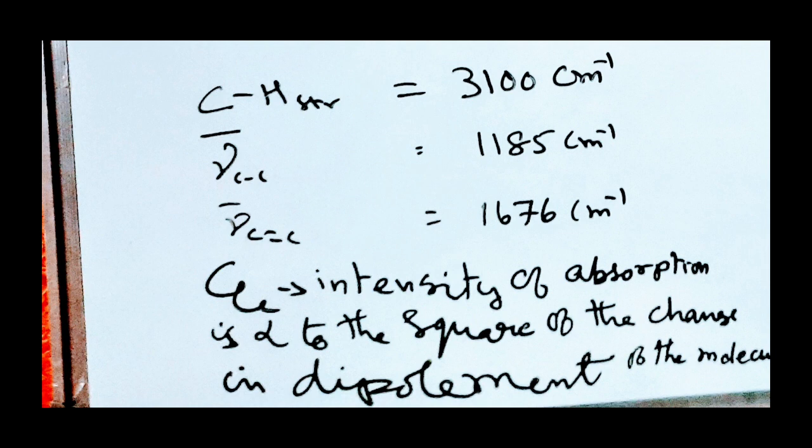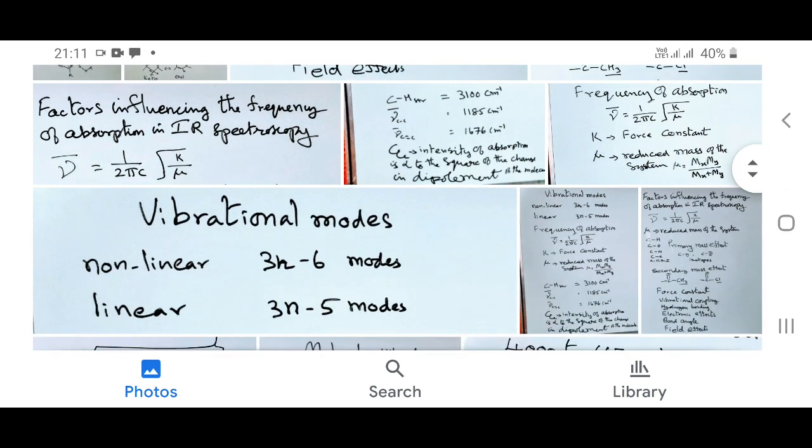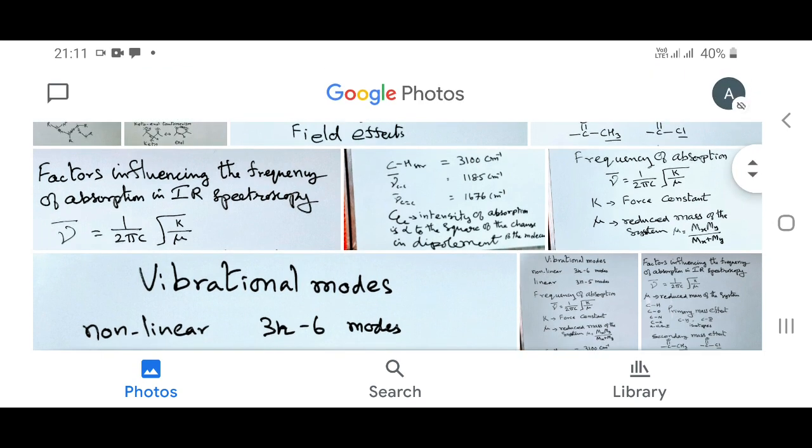So the molar extinction coefficient or intensity of absorption in IR spectroscopy is proportional to the square of the change in dipole moment of the bond in the molecule. So this is about the calculation of frequency and absorption in infrared spectroscopy.